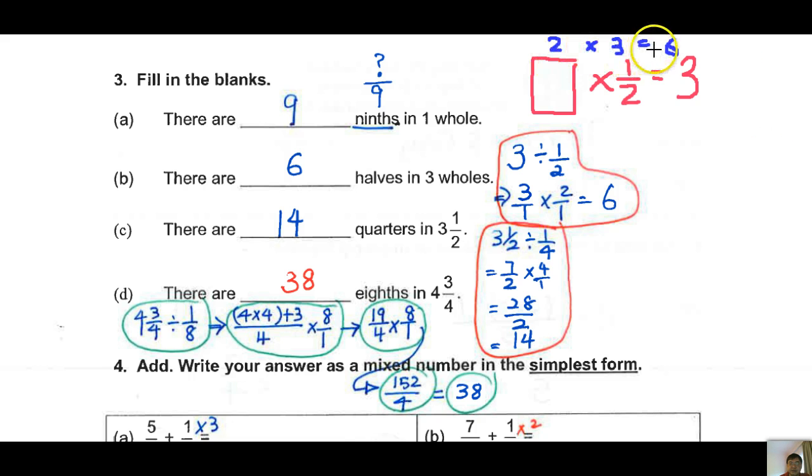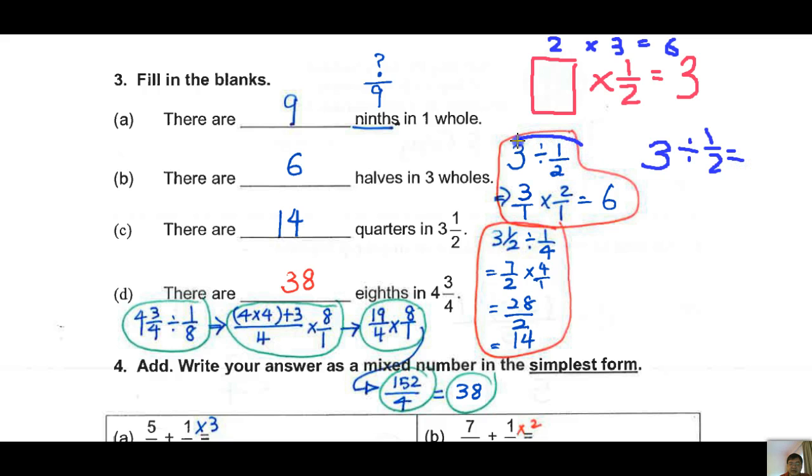Just like 2 times 3 gives you 6, 1 times half gives you 3. Now, in order to find, let's say 2, you take 6 divided by 3 gives you 2. Similarly, for here, you would take 3 divided by half, and you get your answer.